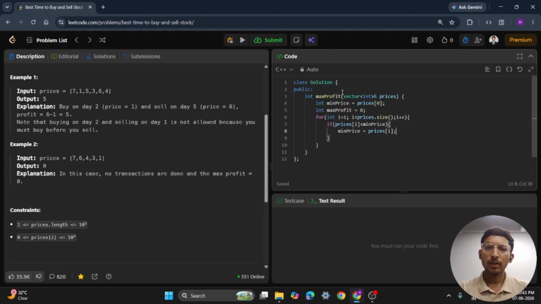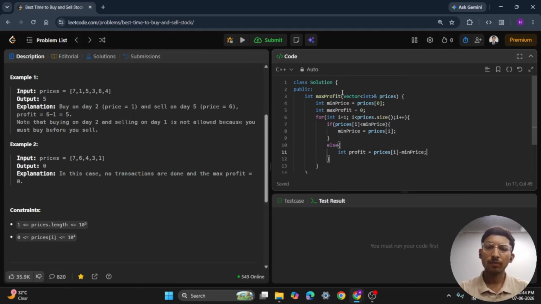Otherwise, we can calculate the profit. So in the else condition, we will say that the profit would be equal to prices[i] minus minPrice.